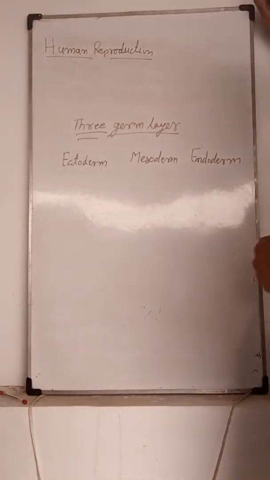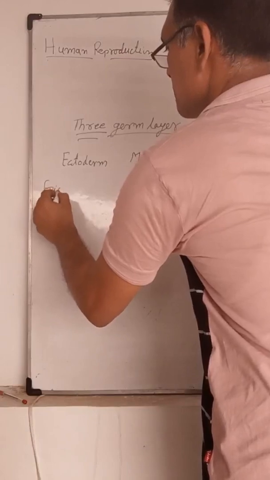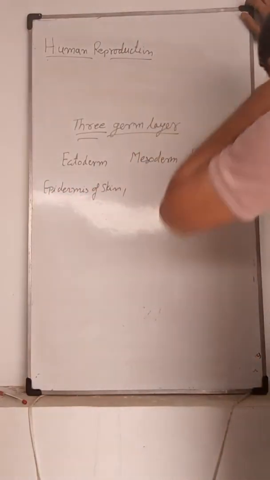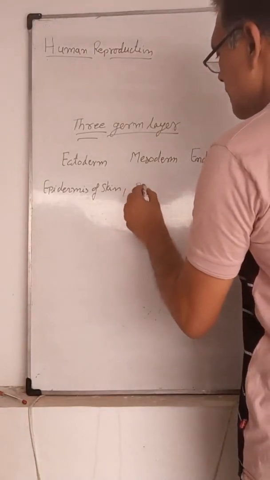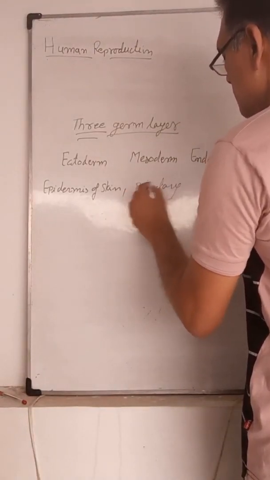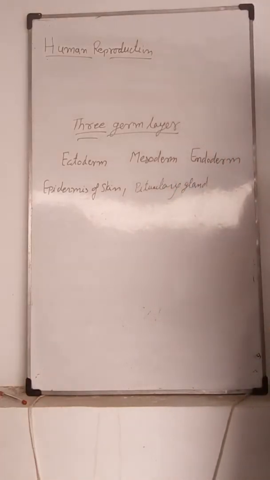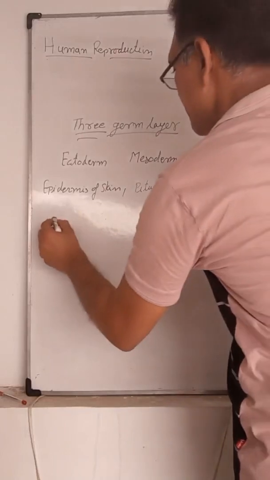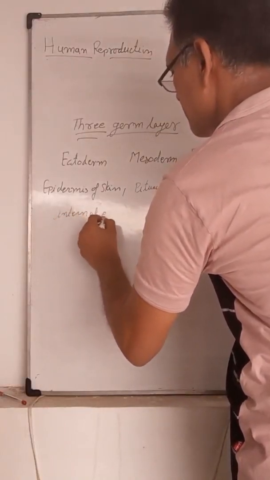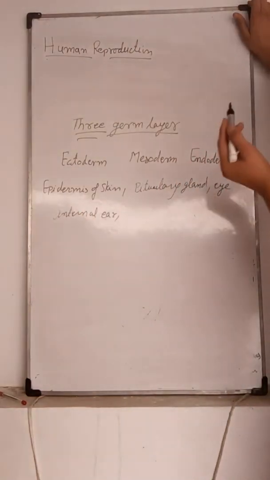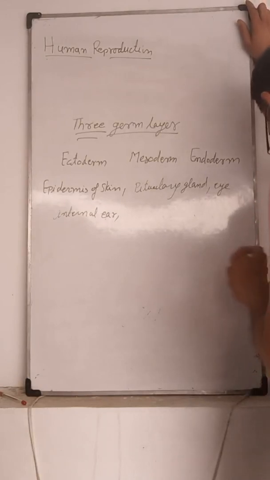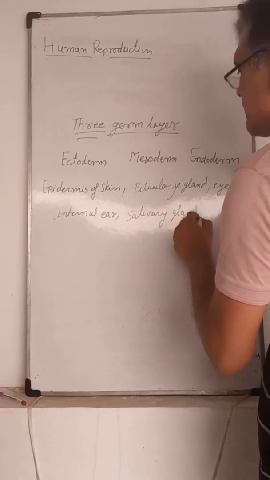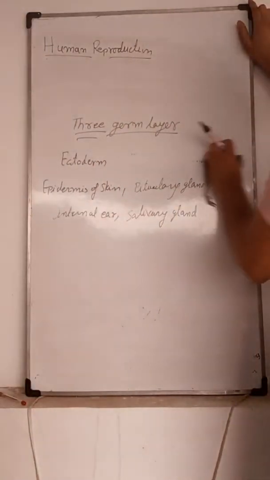For example, the ectoderm produces the epidermis of the skin, pituitary glands, eyes, internal ear, salivary glands, etc.